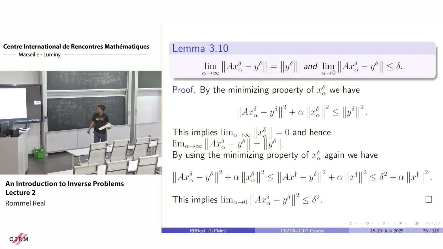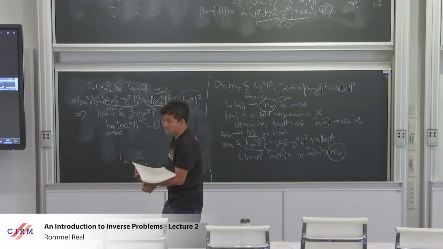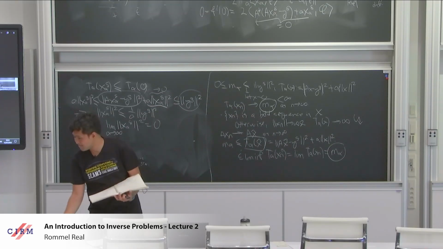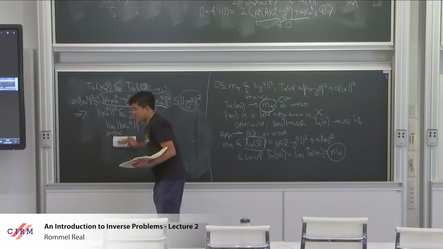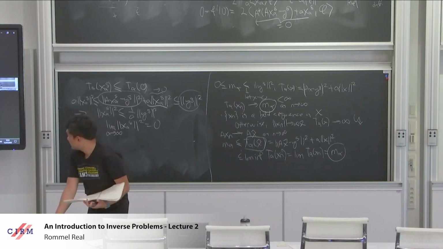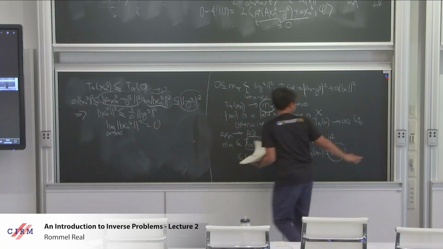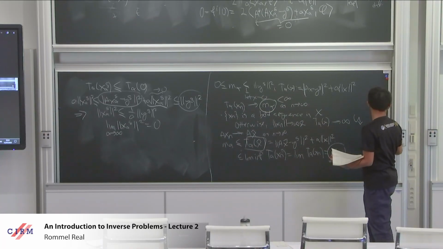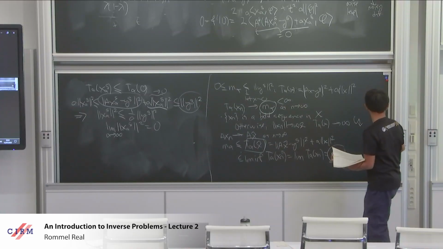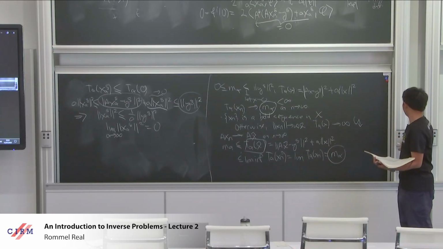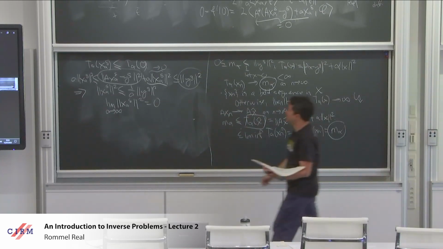And then again, by using the minimizing property of x sub alpha delta, this time we use the fact that t sub alpha, that's this one. Okay.